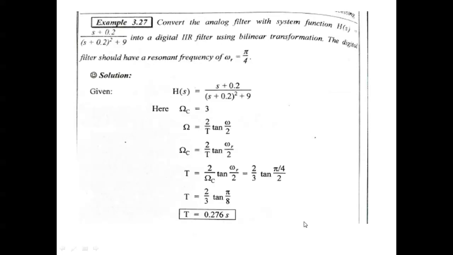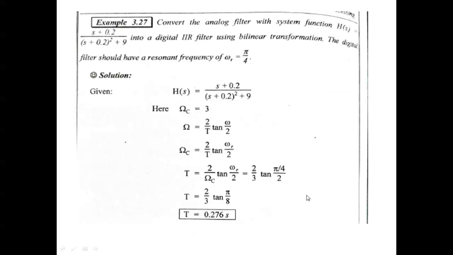Then simplify the equation, and finally you will get H(z) equal to (1 + z inverse) divided by the denominator, which is nothing but the result in terms of (1 + z inverse) whole square over the polynomial in z inverse.